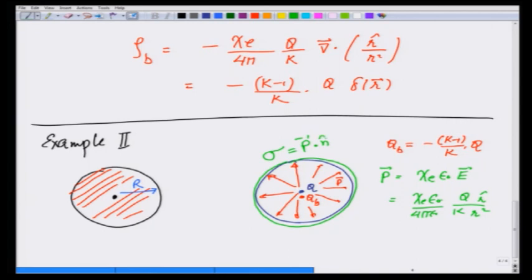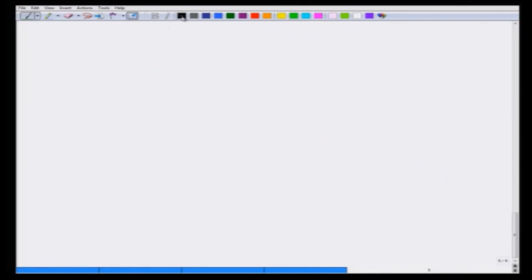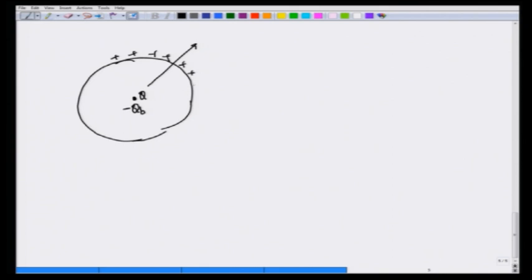So, let us see the picture that is emerging now for this case. In the case of the finite size sphere of dielectric with a charge q inside, there will be a q bound, and there will be this positive charge because P is coming out all over, which will be P dot n.